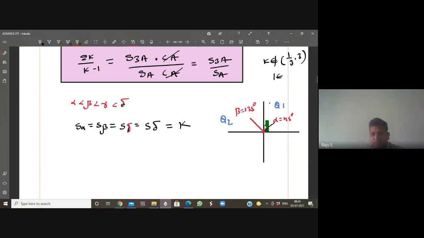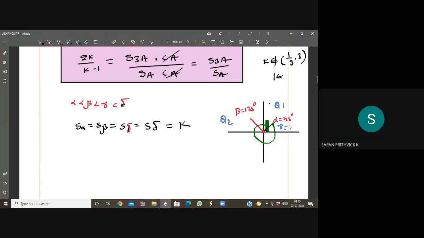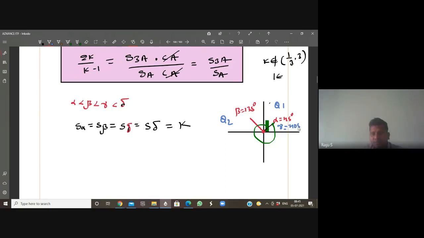So what I want to do is take one complete rotation. After one complete rotation, it will again come to the first quadrant. Shall I take gamma as 360 plus 45? That is 405, and sine 405 is again 1 by root 2.